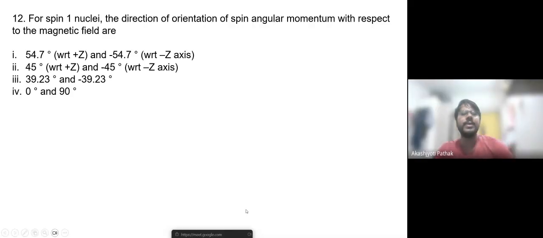For spin 1 nuclei, what is the direction of orientation of the spin angular momentum with respect to the magnetic field?